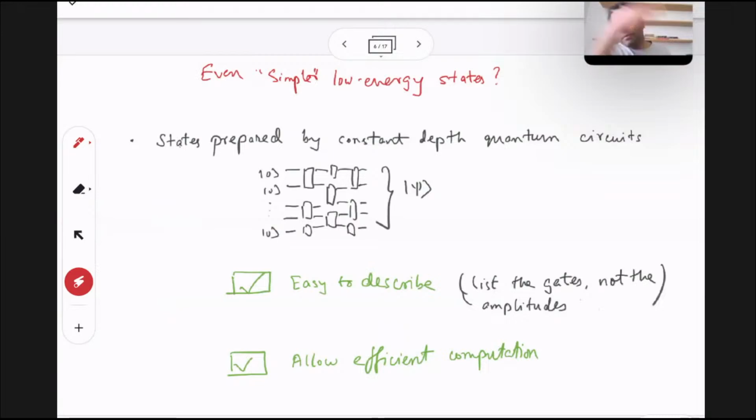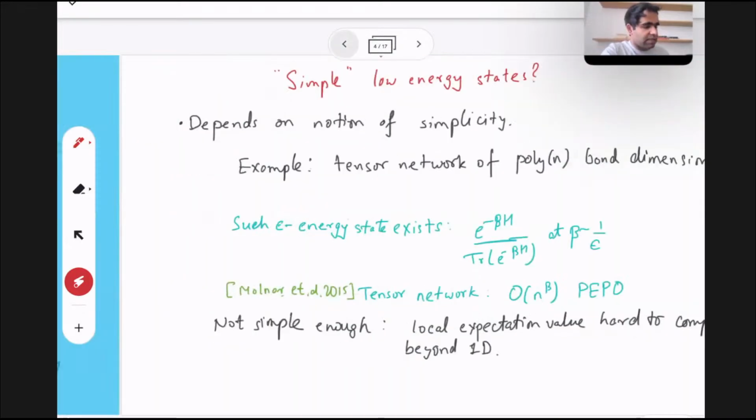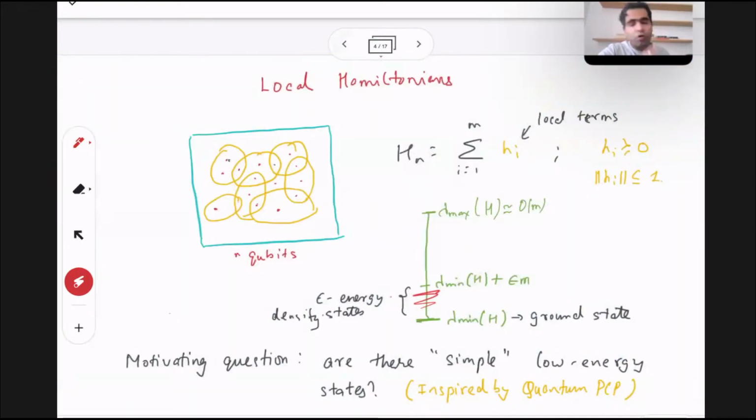Another way to think about it: if you're trying to do an adiabatic evolution, if you're more familiar with that notion, from a simple Hamiltonian to this quantum state, any adiabatic evolution will take a long time and cannot be done in a short time. In that sense, these are complex quantum states. There are quantum states here all over the place, but they're all complex in the sense that they require a lot of effort to prepare, like a deep circuit or long time. That's what the question asks.